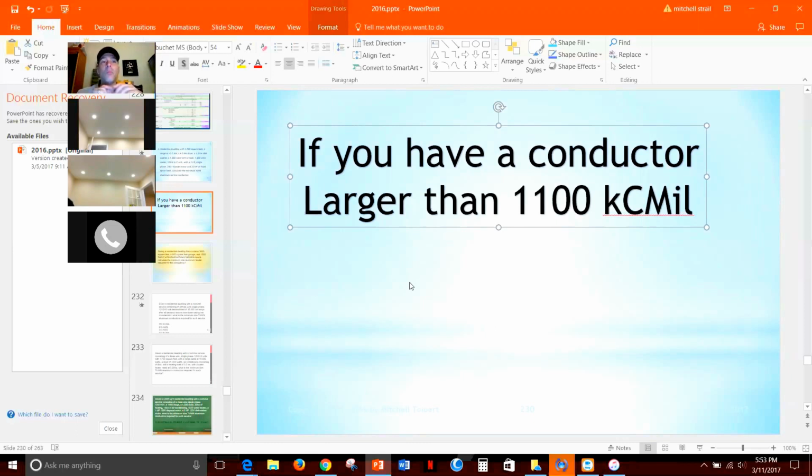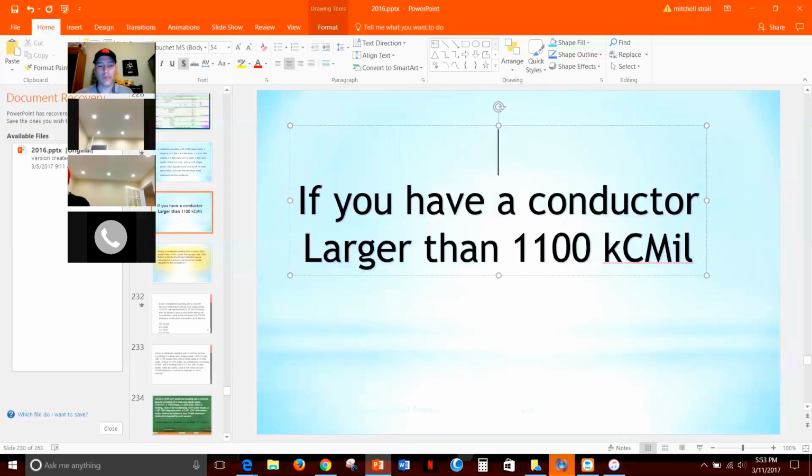All right, now if you go back to page 124 and look at the new table, 250.102(C)(1). Basically now, if you look at the bottom of the table, it ends in 2-aught or 3-aught. What's the largest wire size there at the bottom? 2-aught. And what's the largest wire that's equivalent to that 2-aught?